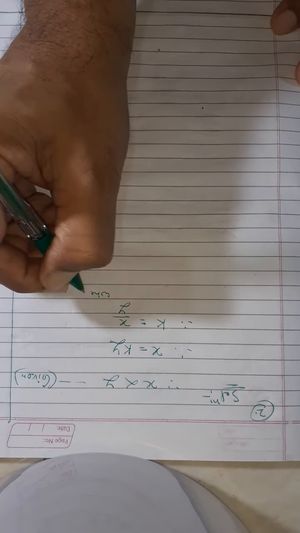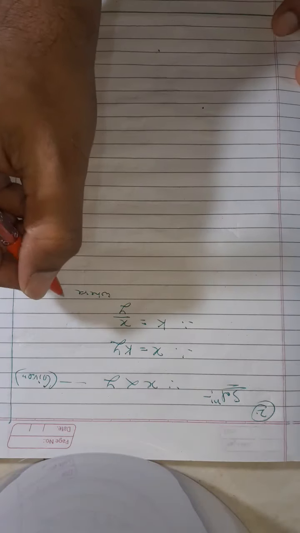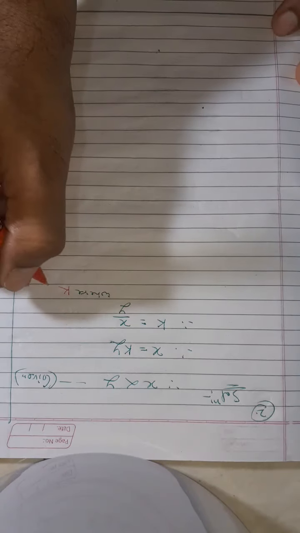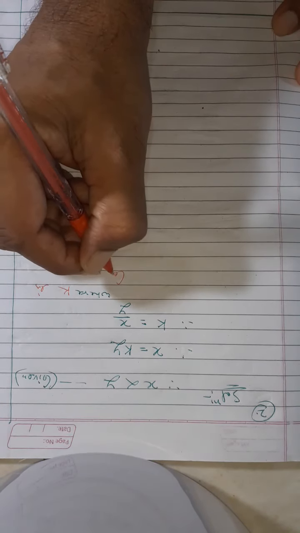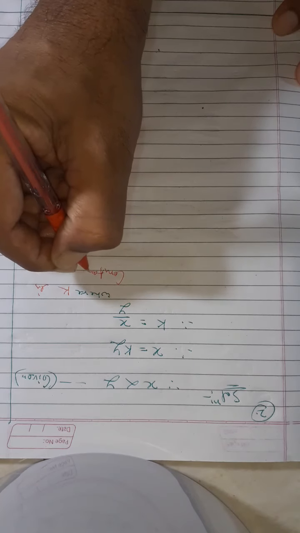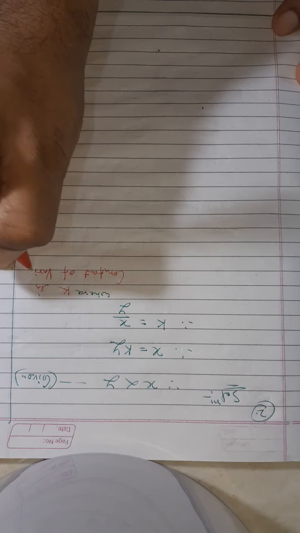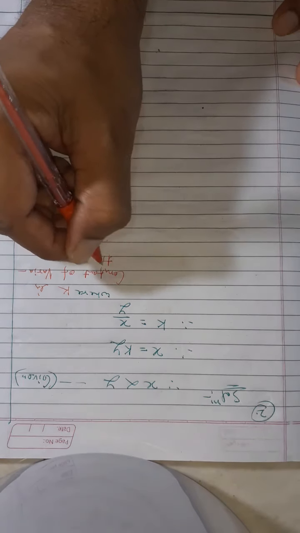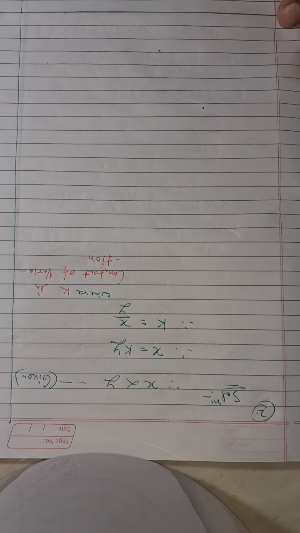where k is the constant of variation. Clear?